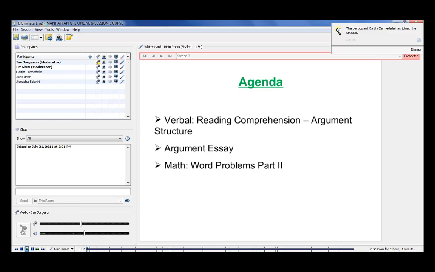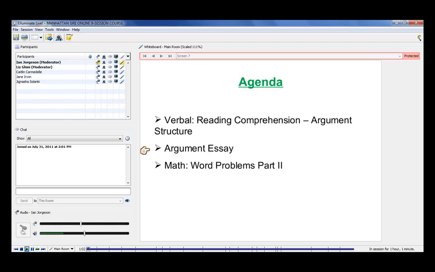All right. So here's what we're looking at today. The first two topics kind of go hand in hand. The first one, we're going to take a look at the short reading comp passages that ask us to deal with the structure or the analysis of an author's argument. These questions in some ways are similar to reading comprehension, but in other ways are a little bit different because of the task that the questions set up for us.